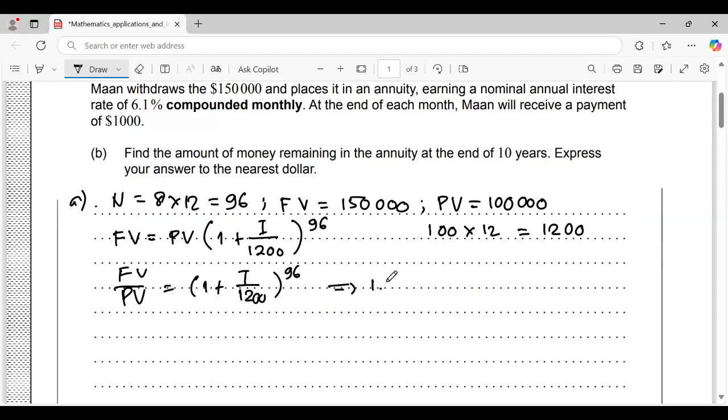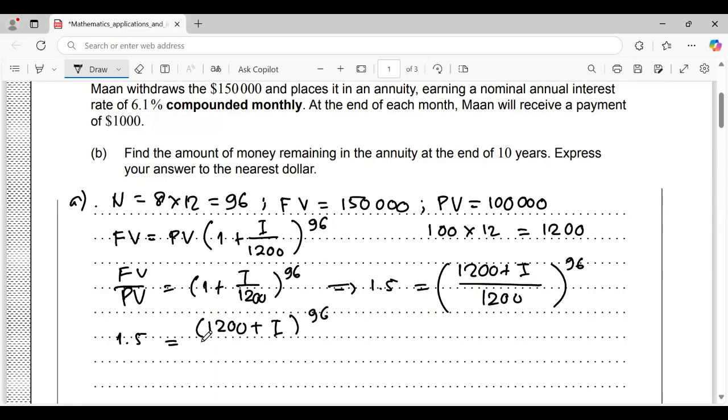So 1.5 equals (1200 plus I) over 1200. So this is 1, right? So it means 1.5 equals (1200 plus I) power 96 over 1200 power 96.